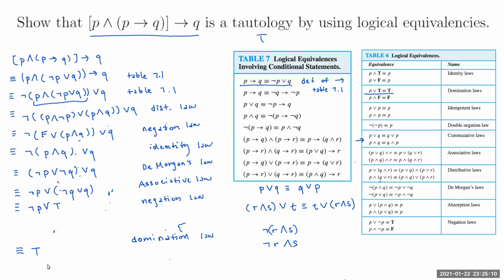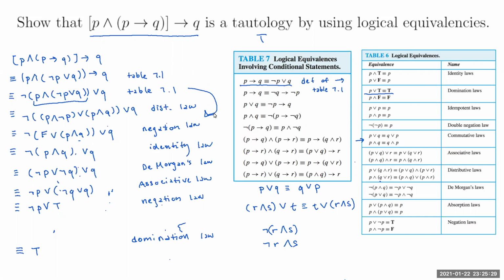If you skip some steps, you will get points off for it. For example, maybe you skipped this distributive law and went directly to the negation law. That might result in a few points off on your exam, so you don't want to do that. You want to follow through one step at a time.